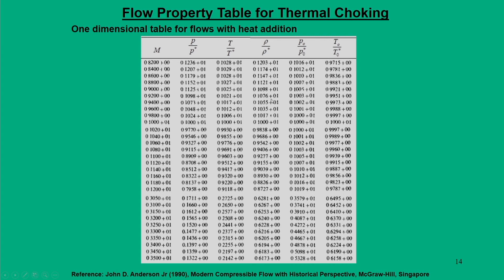For instance, if I know P naught by P naught star, then all the numbers in that row are known. This gives a much easier method to evaluate the flow properties in a heat transfer situation in a compressible flow.